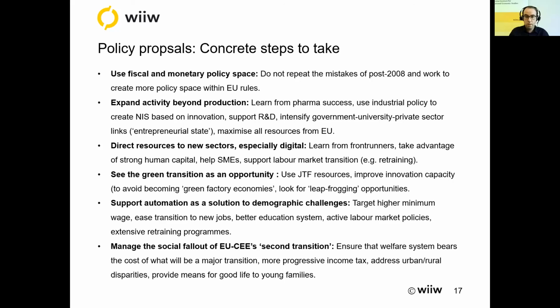So making sure the welfare system bears the costs of this transition, not workers themselves, thinking about how to fund it, more progressive income taxes, for example, thinking very much about the urban-rural disparities, which are not specific to Central and Eastern Europe. Of course, that's also very much a theme for Western Europe, and also a favorite topic of our director, Mario Holzner, to provide the means for a good life to young families. So thinking about childcare and green spaces in cities and affordable housing and that kind of thing.